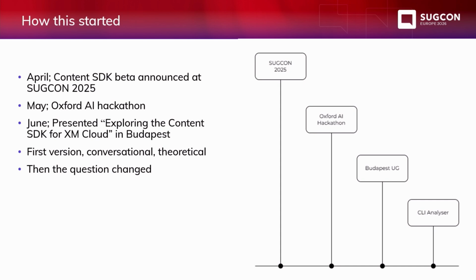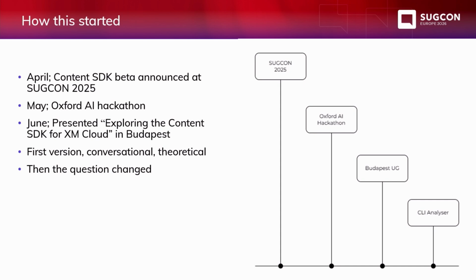I took some of that knowledge to do a presentation in Budapest in June on exploring the Content SDK. I'd been doing some research into it and what it meant for developers and how the architecture was different to JSS. And for a bit of fun, I used some of the skills I built at that hackathon to build a voice experience app where I basically spoke to it and asked it to go out to GitHub and fetch my JSS-based repositories using the GitHub MCP server behind the scenes.